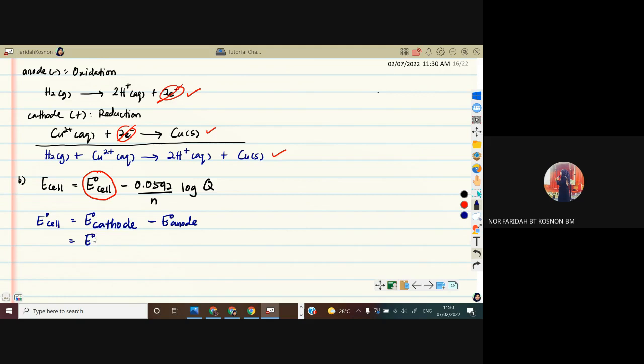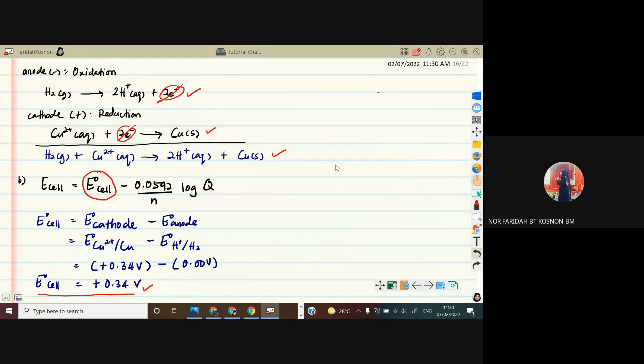So the standard reduction potential of copper minus the standard reduction potential of hydrogen. Okay, so this one is positive 0.34 volt, minus 0.00 volt. So the E not cell is positive 0.34 volt. Ini baru E not cell. Kena kira, kalau tak nanti tak boleh bawa masuk dalam equation.